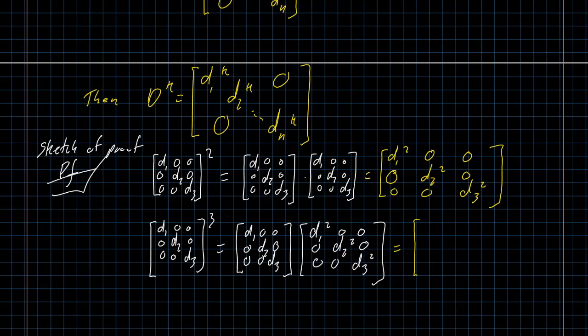Go through step by step, look at each of these, row by column. We'll get D1 cubed, we'll get 0, we'll get 0. We'll get 0, we'll get D2 cubed, we'll get 0, we'll get 0, we'll get 0, we'll get D3 cubed. All right, so we can see that this should work.